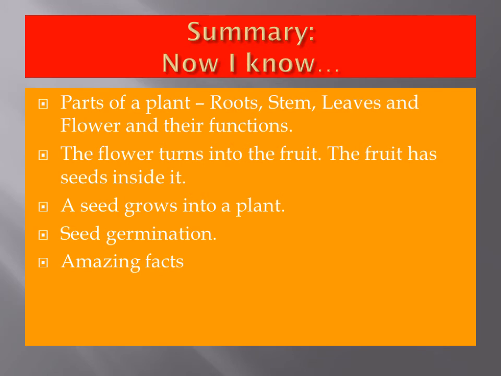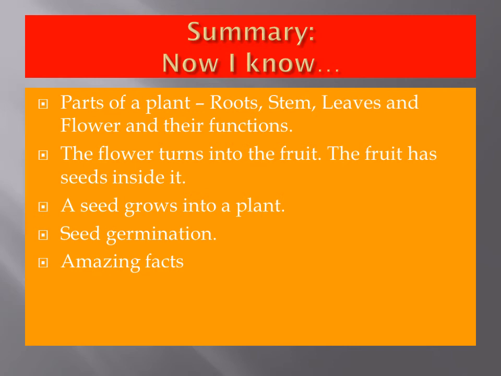Now let us summarize the chapter. Parts of a plant: roots, stem, leaves and flowers and their functions. So children, I have already told you how many parts are there in a plant and what are their names and how they function, how they work.